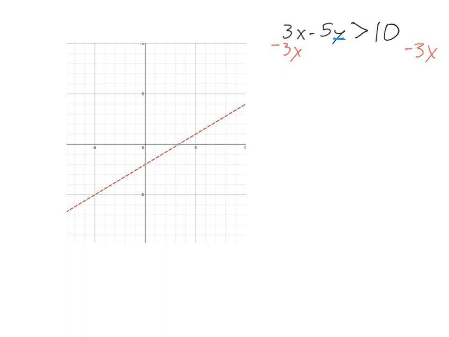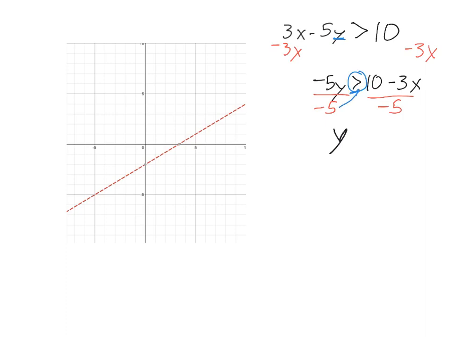Once I've done that, I get negative 5y is greater than 10 minus 3x. The next thing is I'm going to divide both sides by negative 5. Okay? Now, once I've divided by negative 5, I get y. Now, I need to remember I divided by a negative.